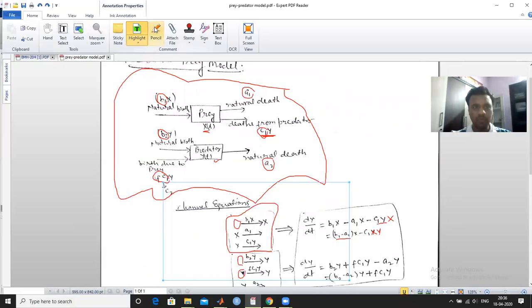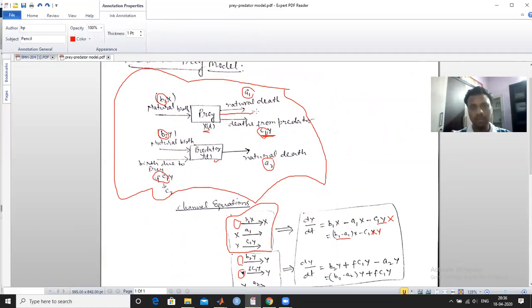What will be the effect of DDT? There will be some additional death in this compartment, and additional death in this compartment as well. Suppose the death rate for this one is P1 and for this one is P2.